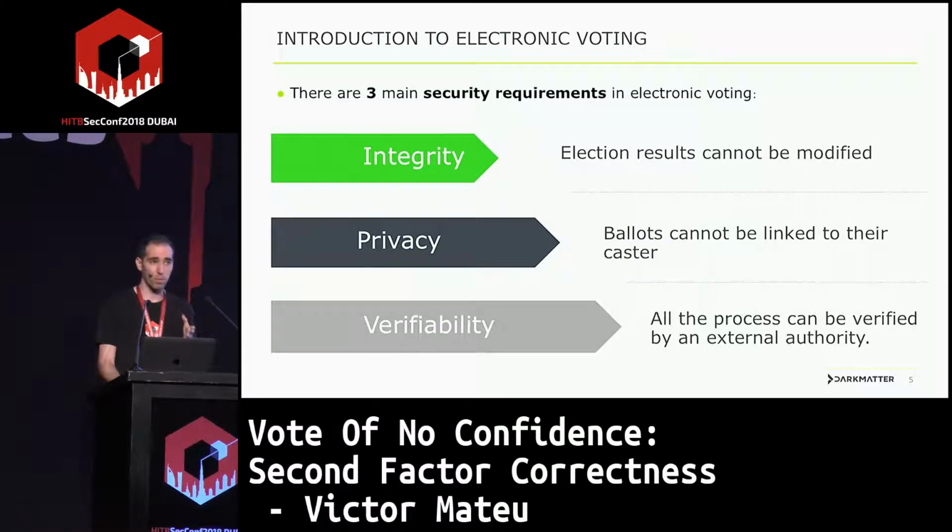But for electronic voting, mainly for this case, when you have all the information spread, one of the most important topics is to have verifiability. So after the election, everyone can validate that the whole process was conducted in a way that guarantees the final result is the correct result.